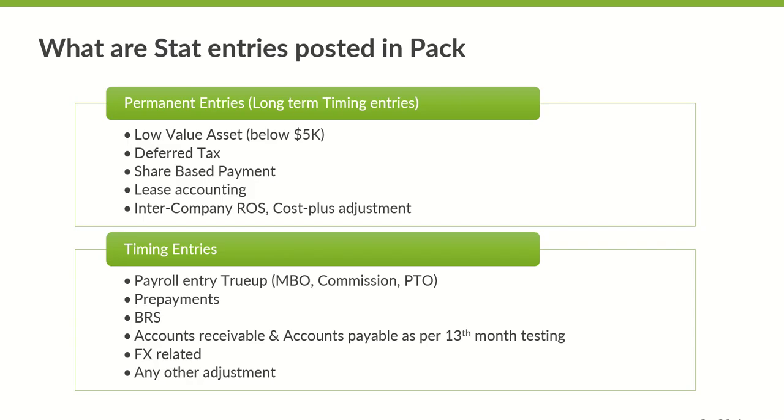Accounts receivable and accounts payable as per 13th month testing. So what happens is we do test for accruals to make sure that our books are rightfully stated, or the closing balance we are reporting is true and fair.